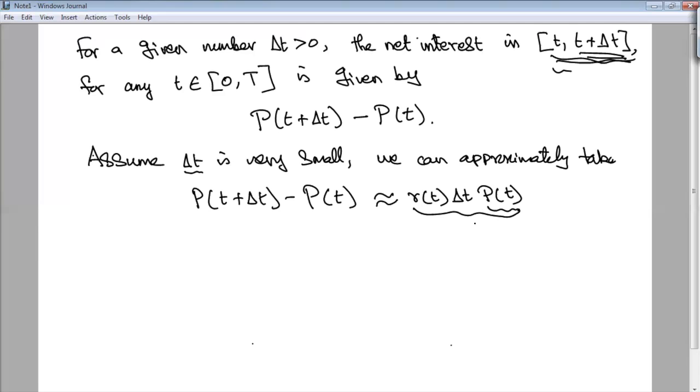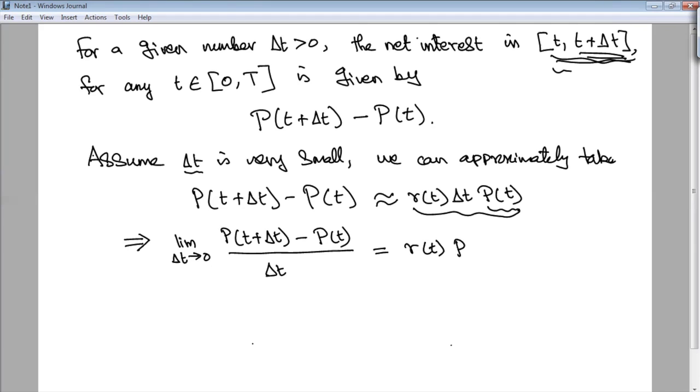Now dividing both sides by delta t and then taking the limit as delta t tending to 0, we get the limit as delta t tending to 0 of P of t plus delta t minus P of t divided by delta t is equal to R of t into P of t.